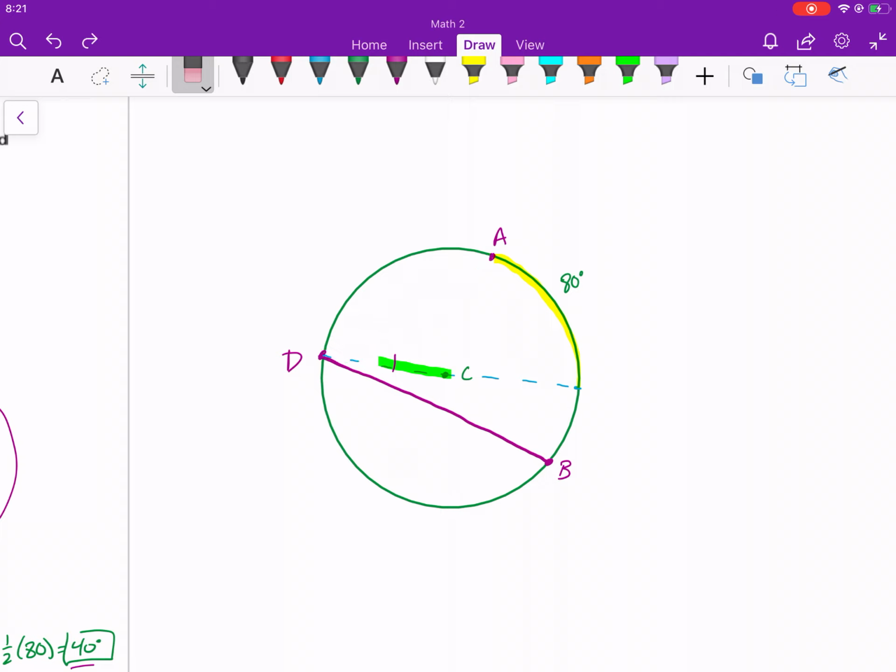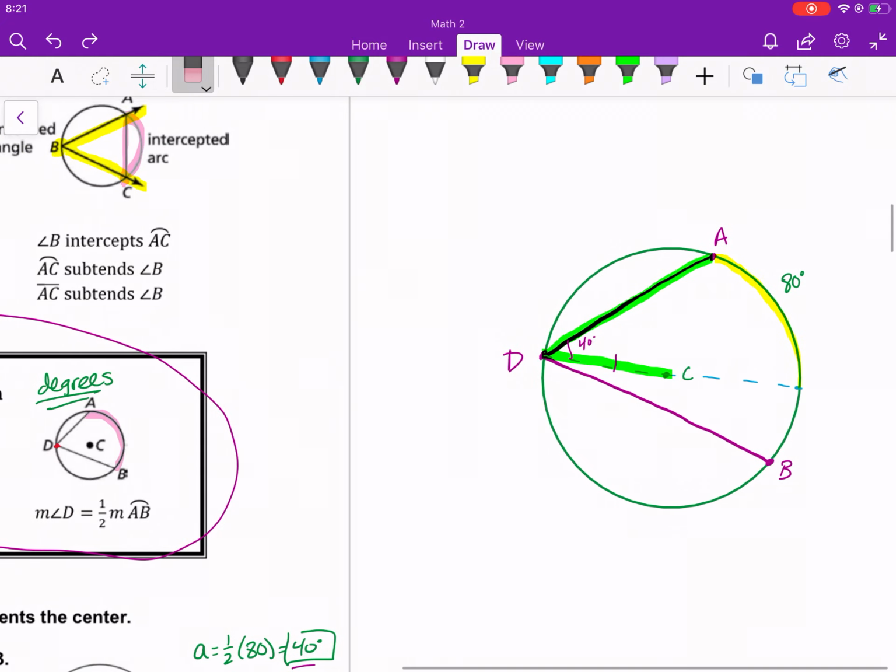Even if we made this just a generic x value, okay? So if that were a generic x, the same idea will play out. These sides will still be the same. These angles will still be the same.